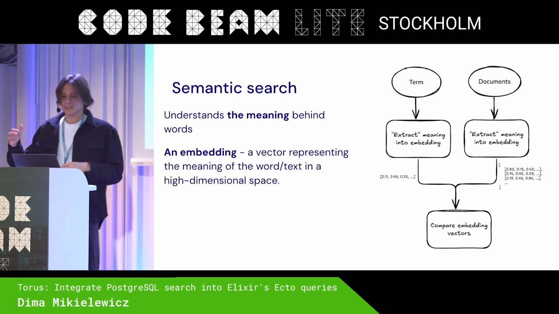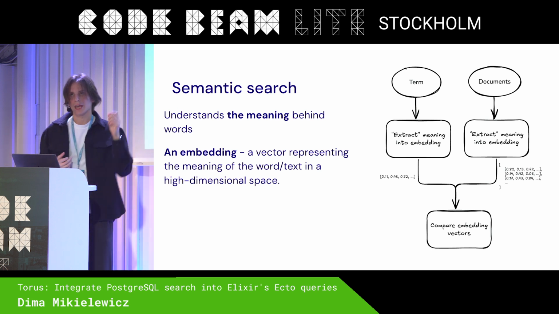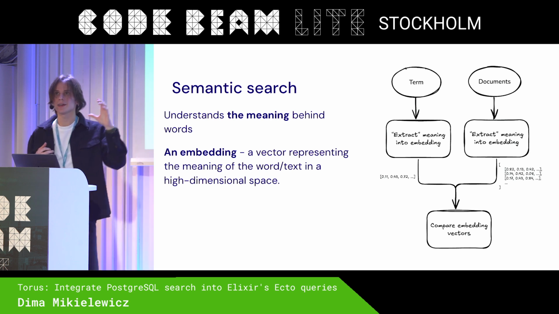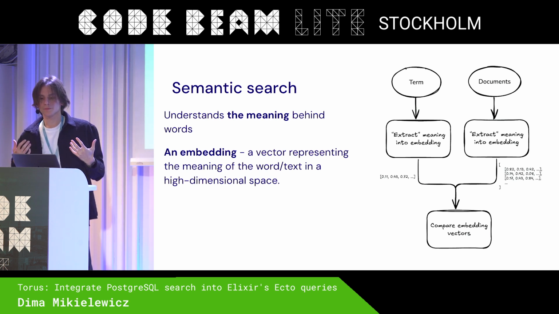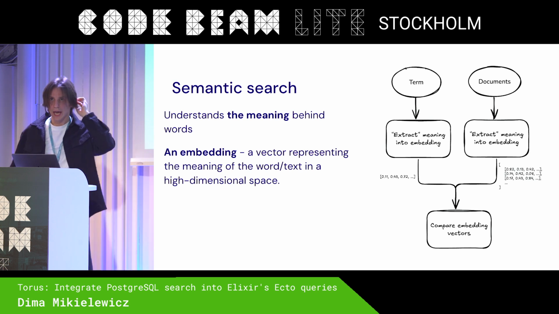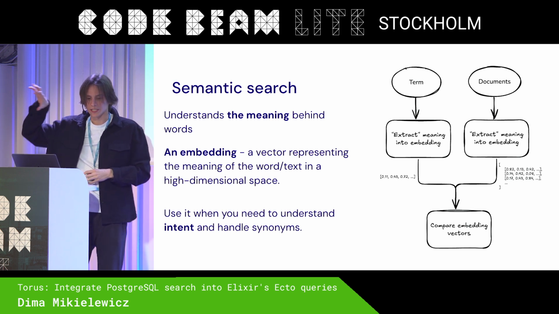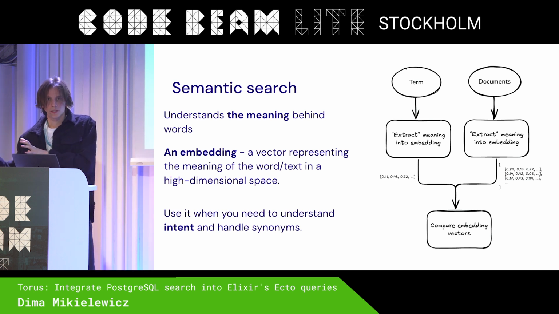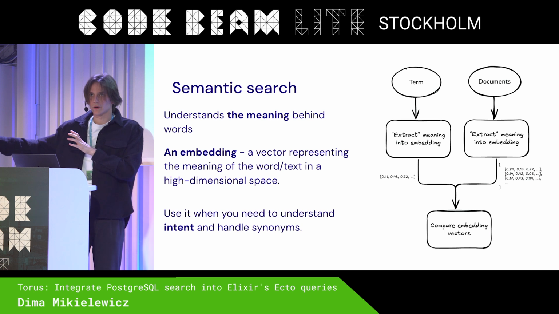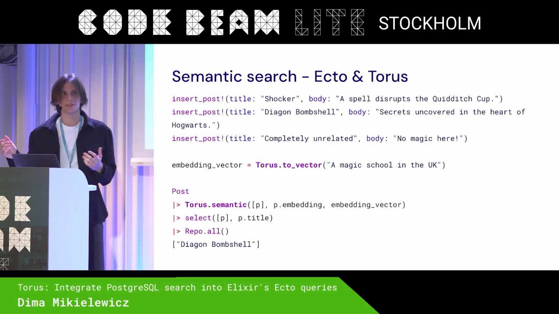So basically, to implement semantic search, you would need to embed your terms. You need to create the embedding from the term and embed every single document that you have stored in your database. And you would probably want to do that beforehand. So once you insert, for example, a new post, then you create an embedding for that, either synchronously or asynchronously, using OpenAI, for example.